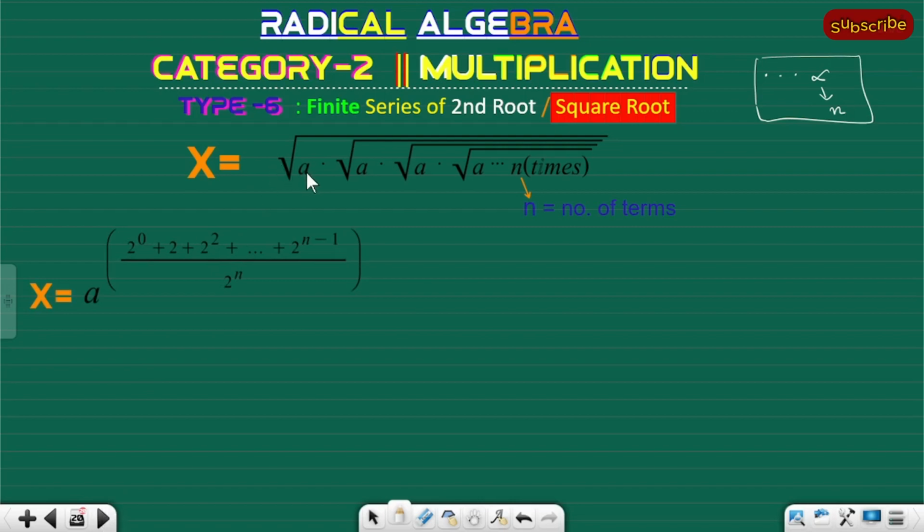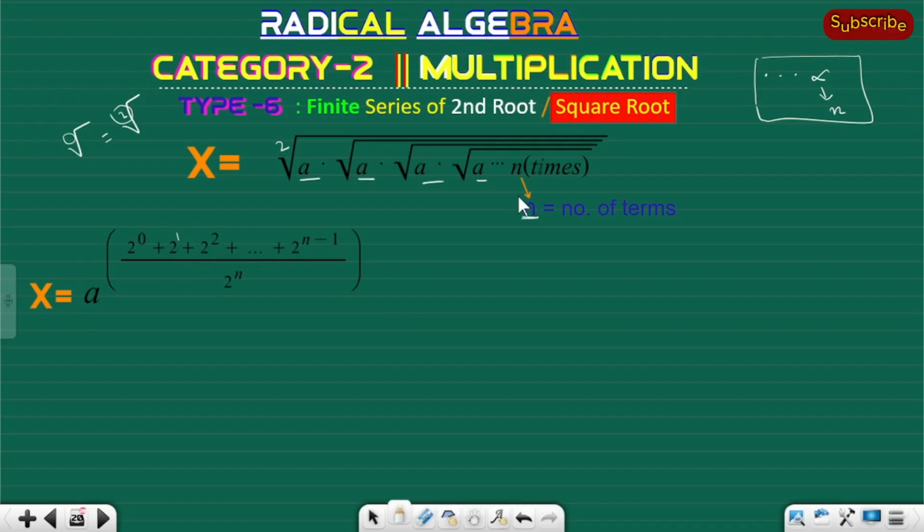So in this case, we will keep the base as A raised to the power. What root is it here? Second root, square root, right? So for square root we will consider 2. So 2 raised to the power, counting the number of times n, up to n minus 1: 2 raised to the power 0 plus 2 raised to the power 1 plus 2 raised to the power 2, dot dot dot.